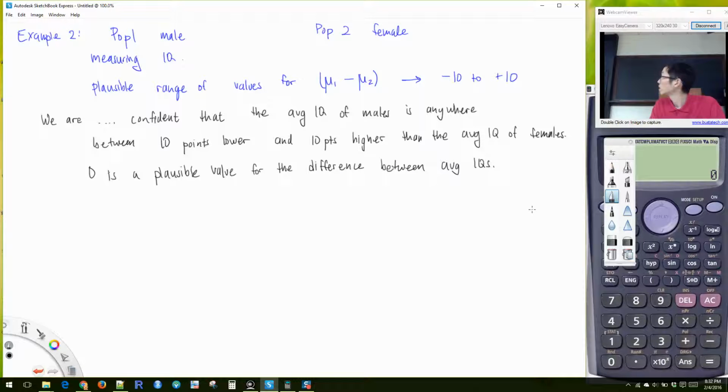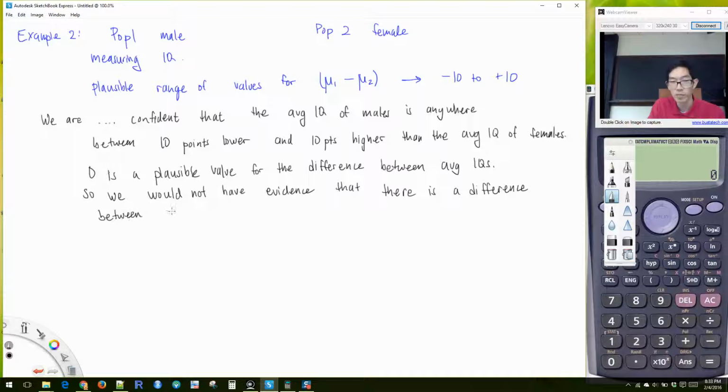So in this case, we would not have evidence that there is a difference between average IQs.